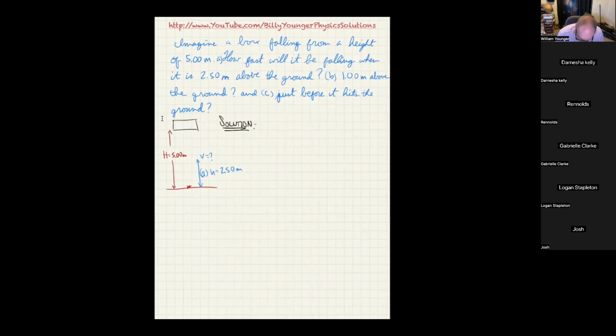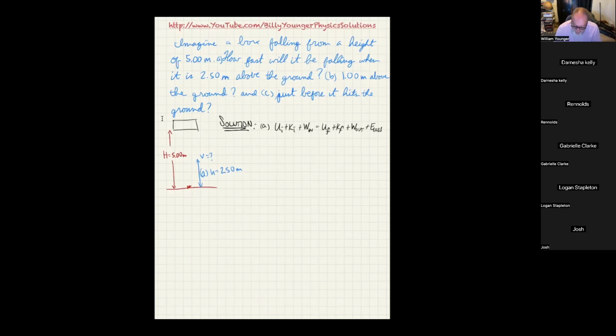So for part A, what we're looking for is how fast it'll be going when it gets to half its height. So using my method, I would say U initial plus kinetic energy initial plus work in is equal to U final plus kinetic energy final plus work out plus E loss.